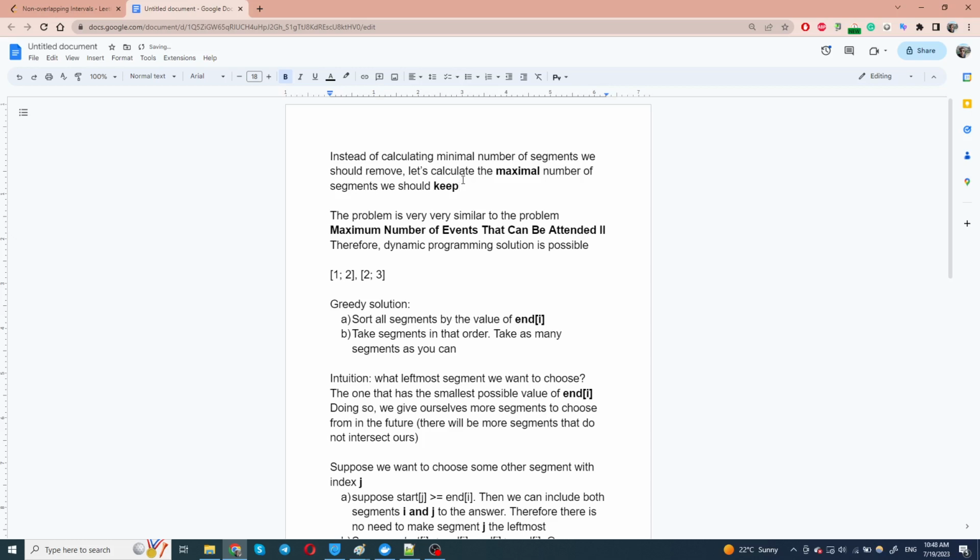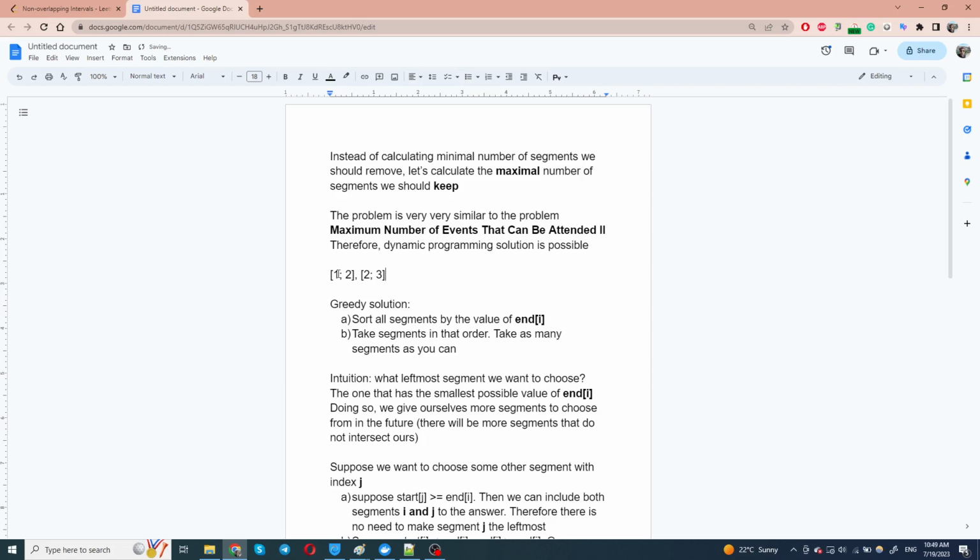There are two differences between this problem and that problem. The first difference is not very important. The difference goes like this. So in the problem maximum number of events that can be attended, our segments were not allowed to have common points. So for example, if we had events like this, the first one started at day 1, ended at day 2, the second one started at day 2 and ended at day 3, then we could not attend both of these events.